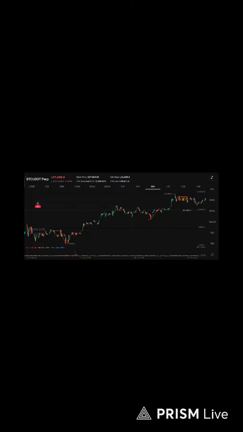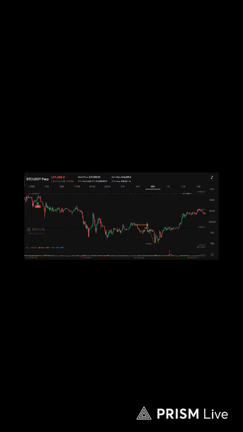We have indicated the uptrend, which is what we were looking for. So now I'm going to spot the Gravestone Doji at or near a key resistance level.